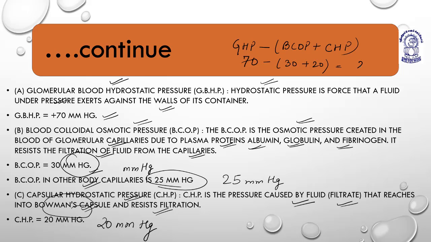That becomes 20. Or if it is 60 minus 30 plus 20, then it's 10. The range of the glomerular filtration rate pressure, which is favorable to pursue glomerular filtration, is 10 to 20 millimeters of mercury.